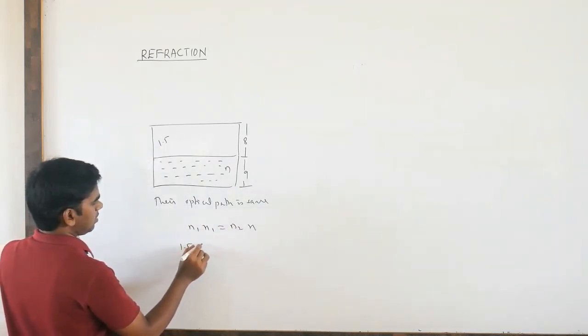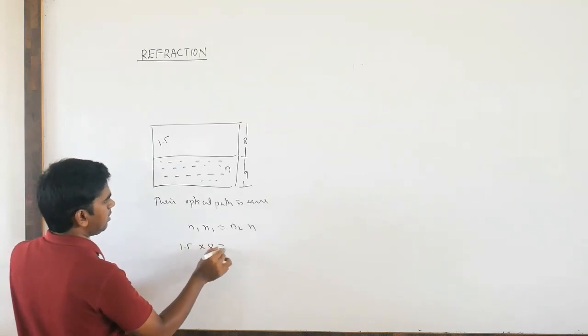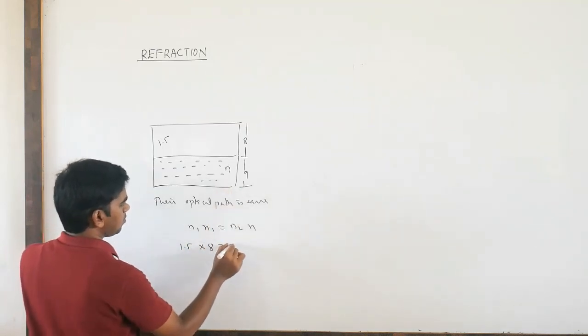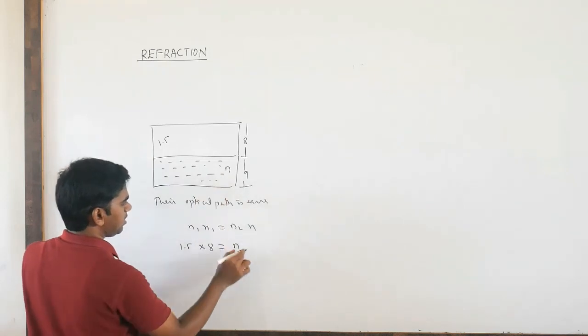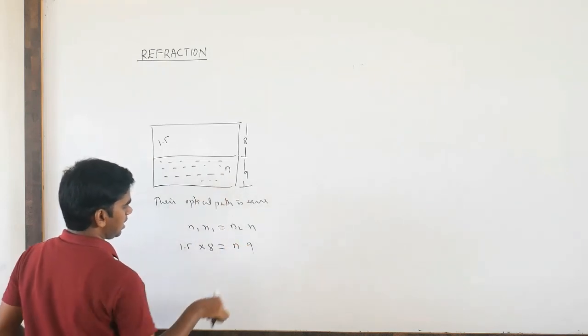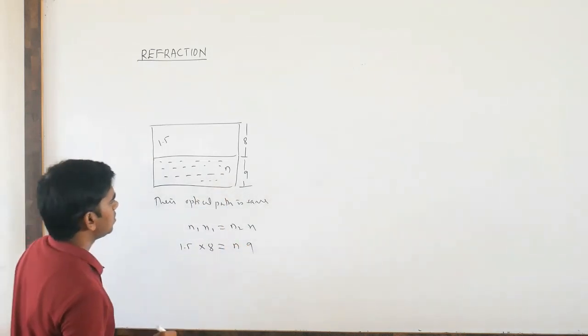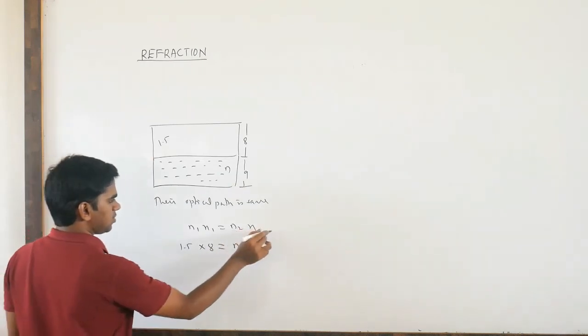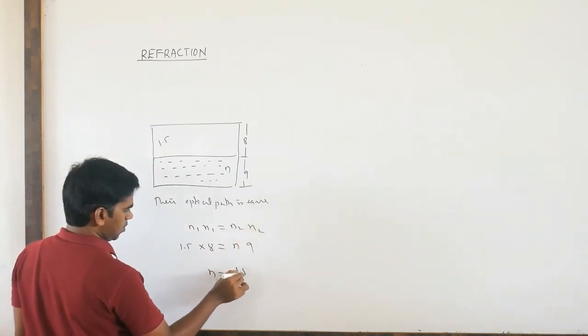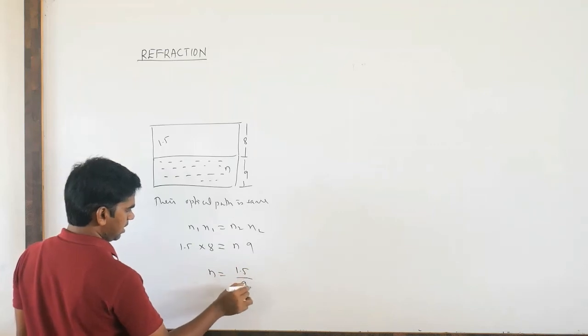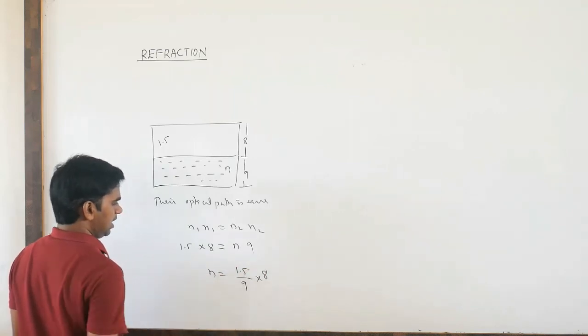So x1 is 8 equals n2, which we have to find out, that we take as n, and x2 is 9.